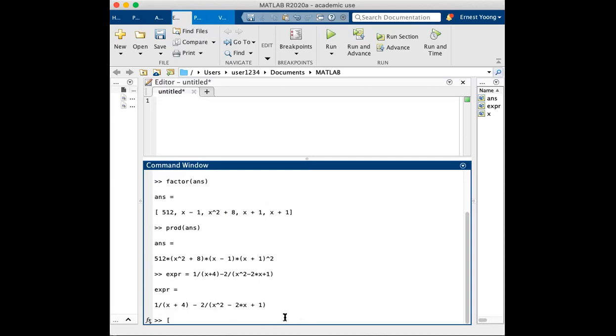You can write a square bracket, then n, comma d, where n stands for numerator and d stands for denominator, set equal to num, that means the numerator and denominator of the expression.